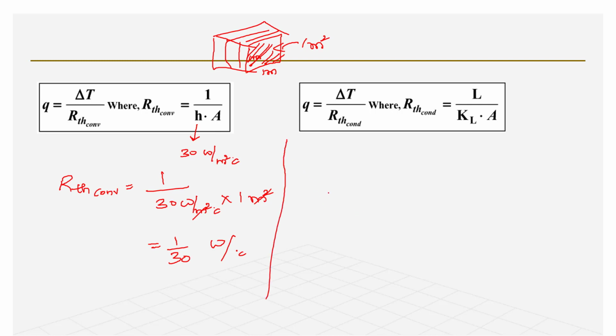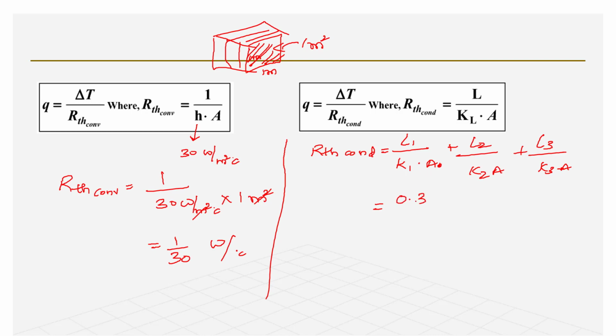Let's find out RTH conduction. We have three walls. So we write L1 upon K1 into A, the area is the same so I will not write A1, plus L2 upon K2 A, plus L3 upon K3 into A. The area is 1, so that's not an issue.